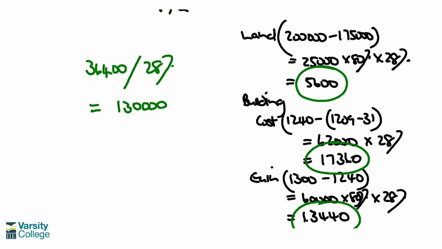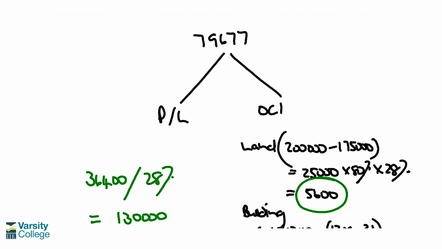So that's what we're going to use to help us work out the temporary differences that have gone to P&L. So let's stay on this page. What we're saying is the 79,677 was the total temporary difference movement for the current year. And remember, that's a DTL.